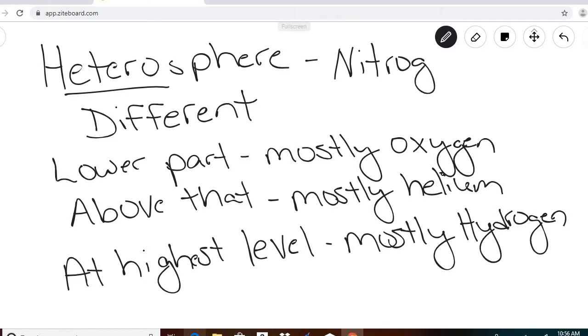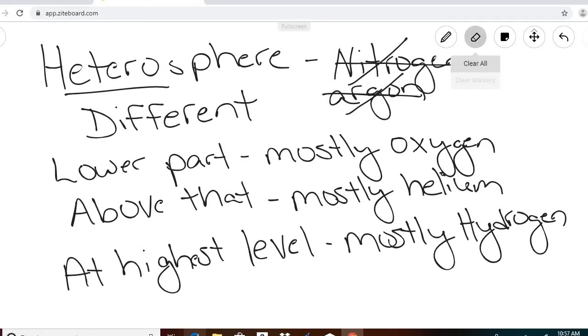Well, in the heterosphere, there is very little nitrogen or argon, but we saw that in the homosphere, 78% of the air is made up of nitrogen. So in the heterosphere, the gases change depending on where you are in the heterosphere.